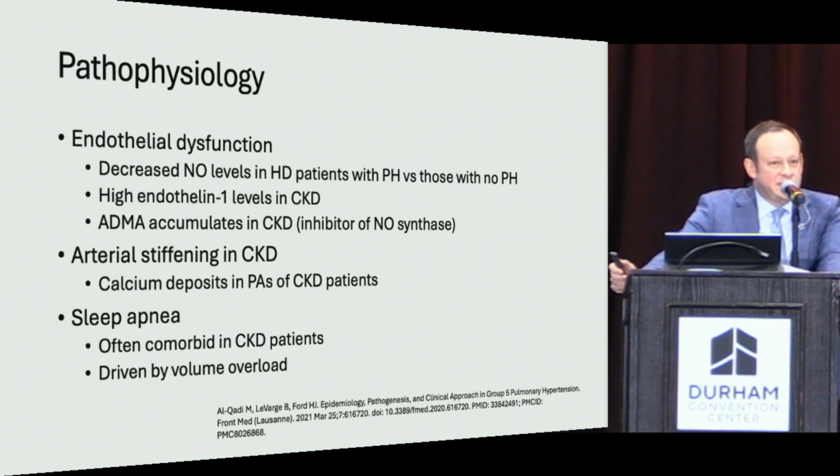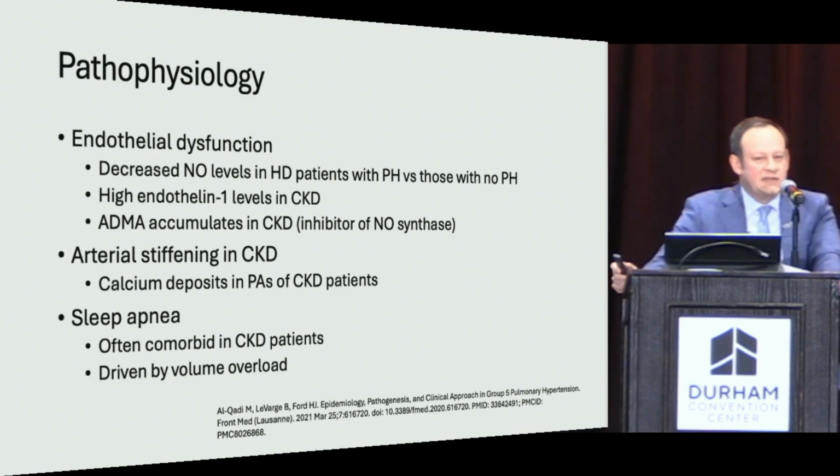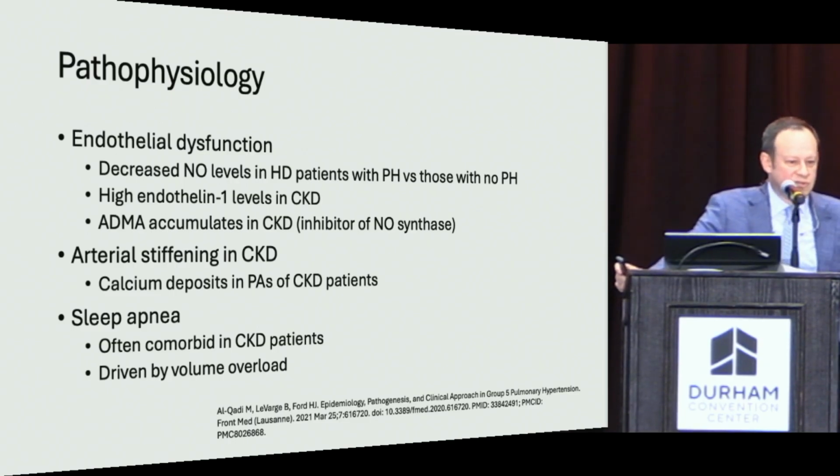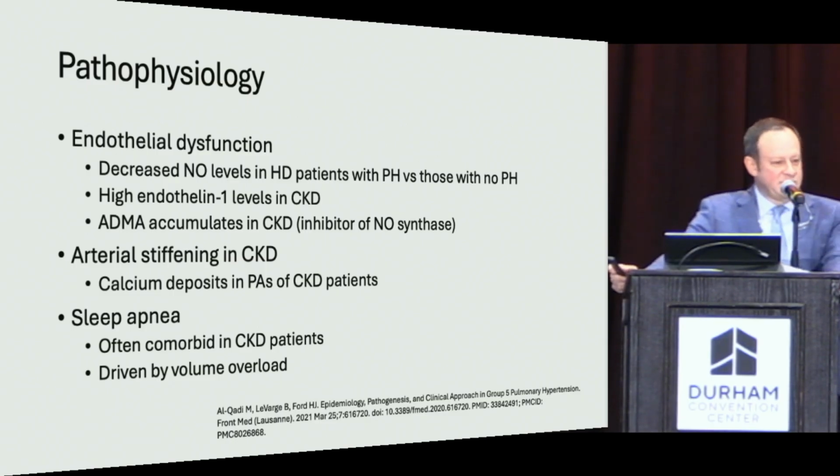There's thought to be some endothelial dysfunction that occurs in these patients. Decreased nitric oxide levels have been identified in patients on hemodialysis relative to those with no pulmonary hypertension. Also, increased endothelin levels have been identified in patients with chronic kidney disease, as have other substances such as ADMA, which is an inhibitor of nitric oxide synthase.